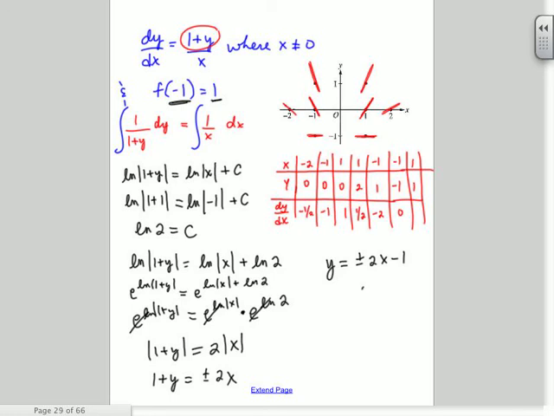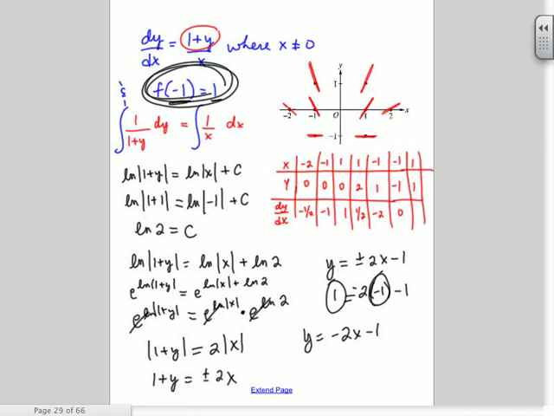When you plug in your initial value, you get 2 times negative 1 minus 1. It can't be that, right? So it needs to be negative 2 times negative 1. That'd be 2 minus 1, and that's how you get the 1. So it has to be the negative 2. So y is negative 2x minus 1. Does that make sense? Because you have to have negative 1, 1 out with your initial value.